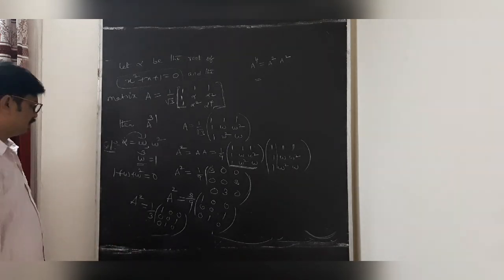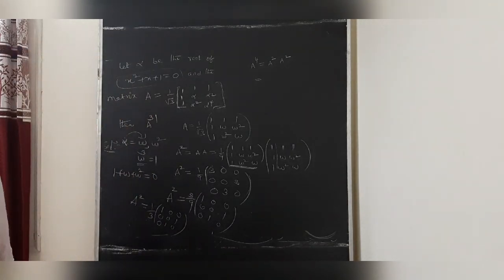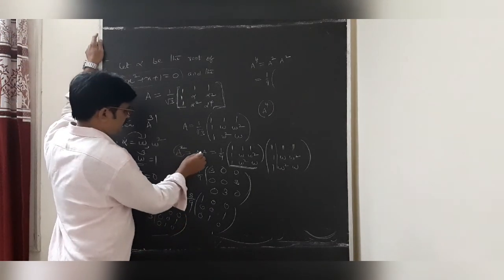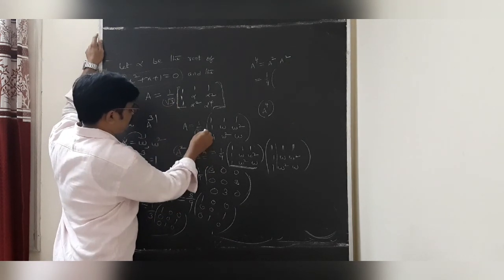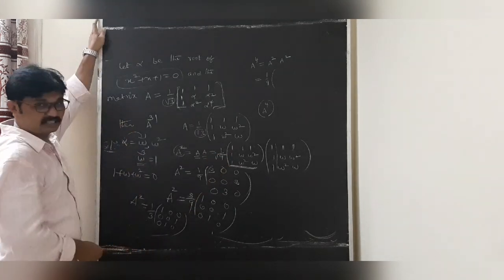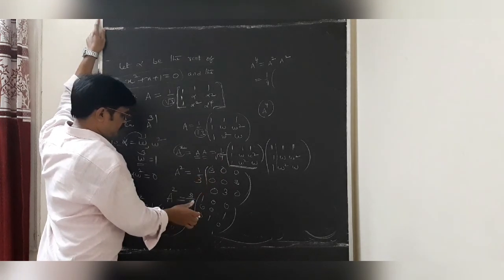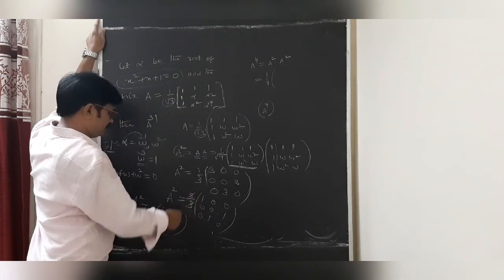My dear students, right now we have to find a power 4, which can be written as a square into a square. What is a square? A into a, that is 1 by root 3 into 1 by root 3, root of 9, that is 3, so 3 by 3 is 1.